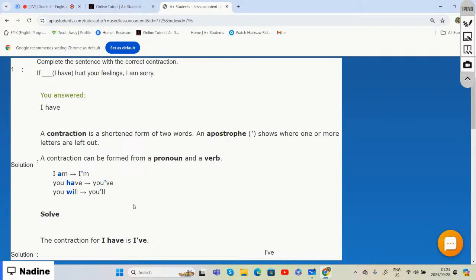And we said contractions can be formed from a pronoun as well as a verb.